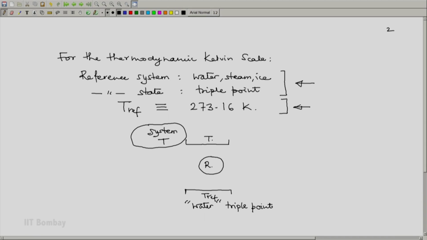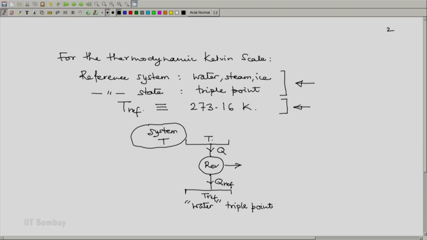and then we run a reversible machine. If T is greater than T ref, well, it will be a reversible engine. If T is less than T ref, it can be a reversible engine working the other way, does not matter. Anyway, we measure the heat interaction Q with this system or the reservoir. We measure the heat interaction Q ref with respect to the reference system.